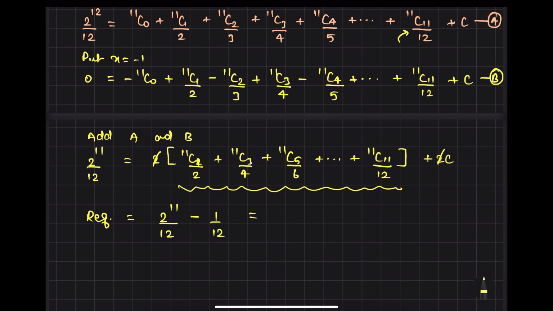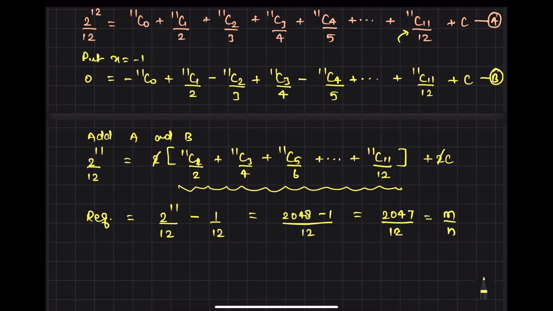If you simplify things, you know that 2 power 10 is 1024. So 2 power 11 will become 2048 minus 1 by 12. You have to do the subtraction, so it is 2047 by 12. They were saying that it is m by n.